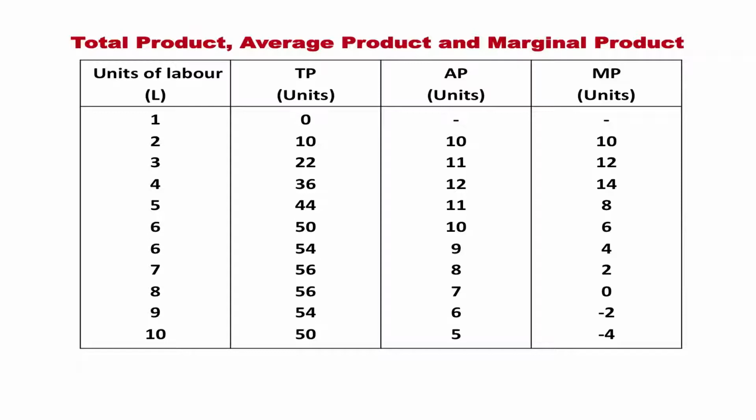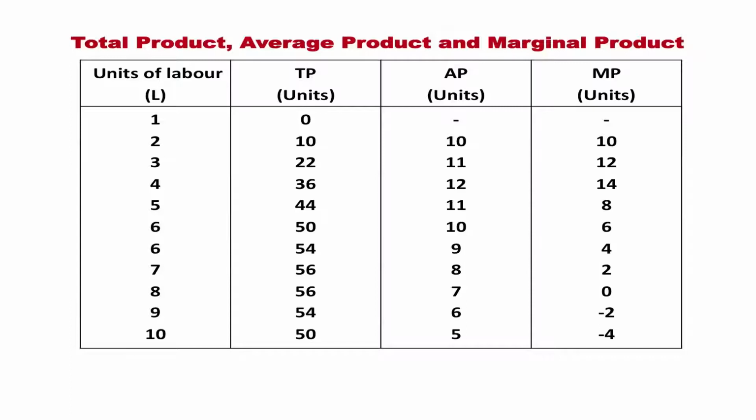This clearly implies that labor should not be increased up to 9 and beyond. Employment of labor should stop before 9 units, which means labor should be increased or employed up to 8 units. When 8 units of labor are employed, the MP has become minimum at this point, which is 0, and TP, if you see, has become the maximum, which is 56.